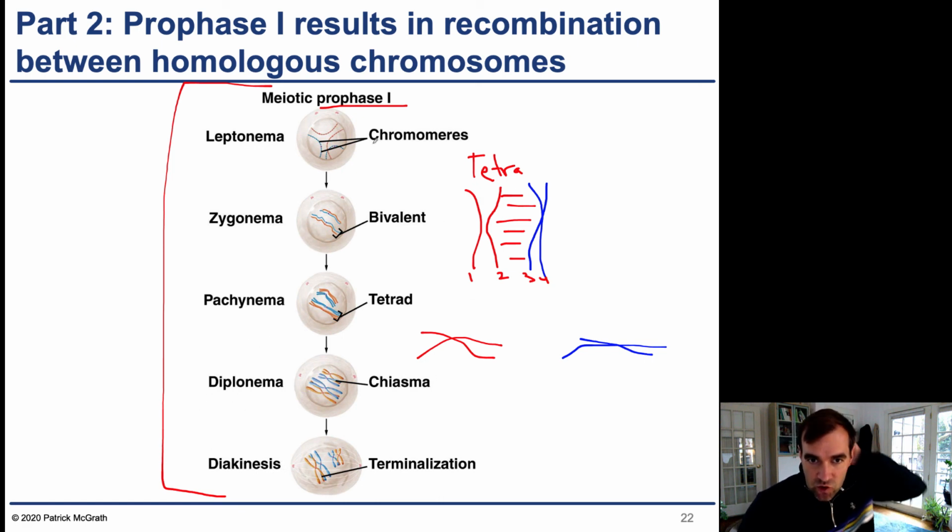Initially you have the chromosomes coming together, the bivalent forms during zygonema, the tetrad forms during pachynema, the chiasma forms, which is when you actually have crossover occur where one of the homologous chromosomes invades the other, and then finally once that resolves, there's double-stranded breakage, the DNA molecules are fused together, and that occurs during diakinesis.